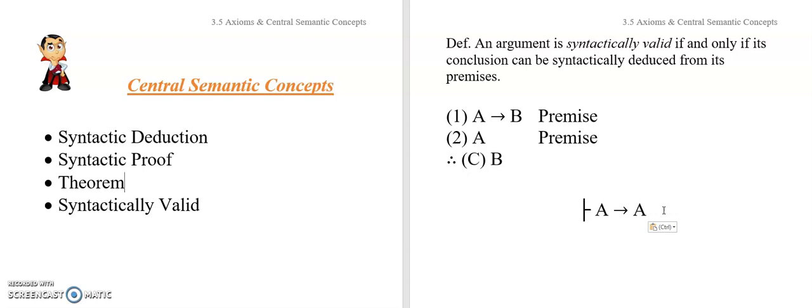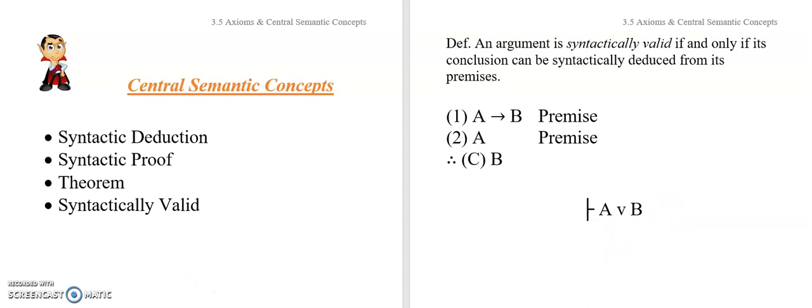And every tautology is syntactically provable. Again, we're not going to demonstrate those things, but they're useful concepts to have in mind. In other words, there's no sense in trying to prove a string like this, because this is not a tautology, okay? And only tautologies can be proven, and all tautologies can be proven.